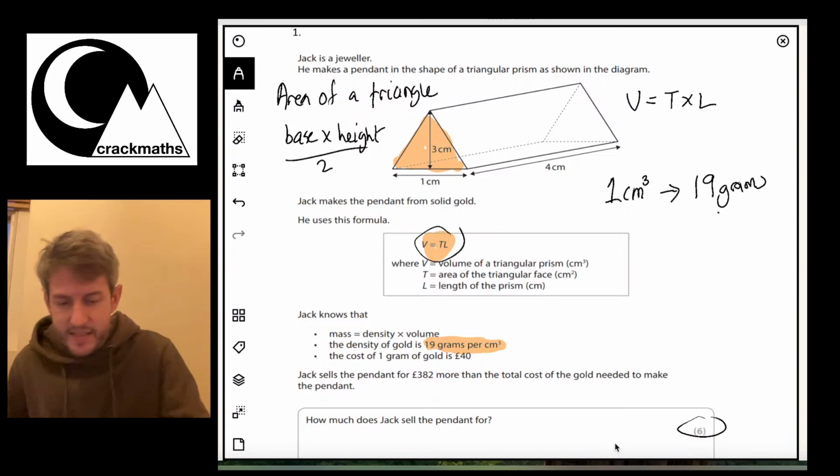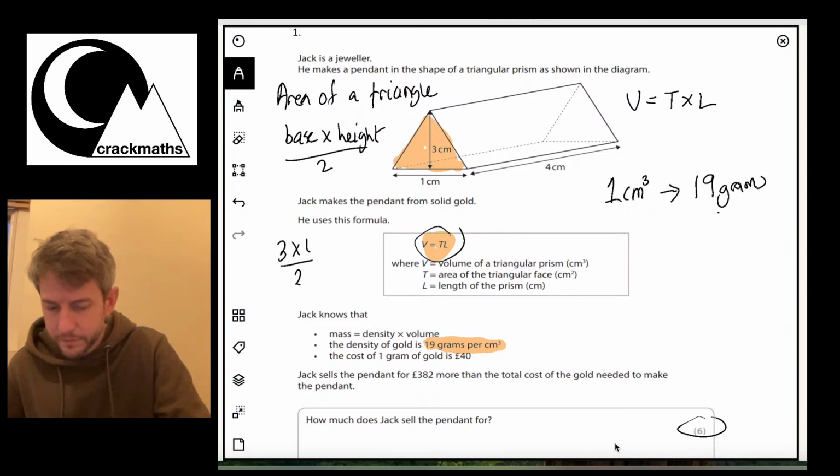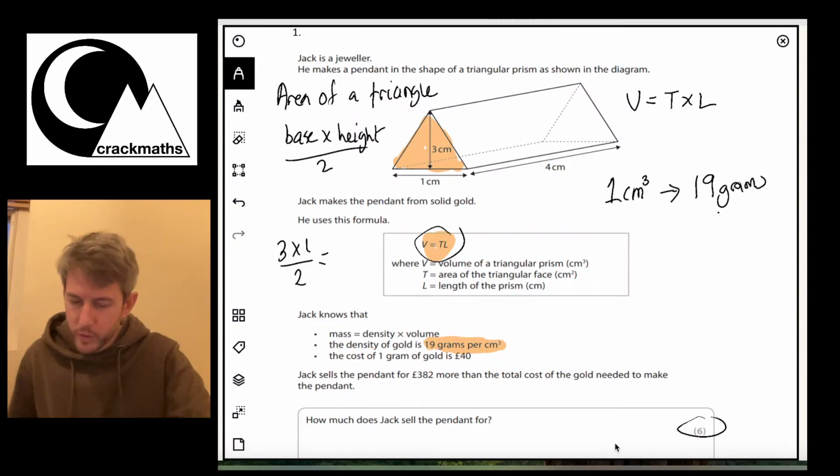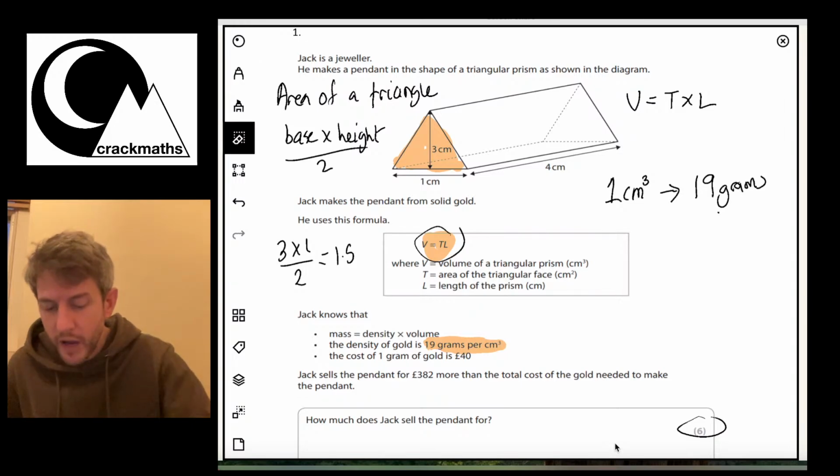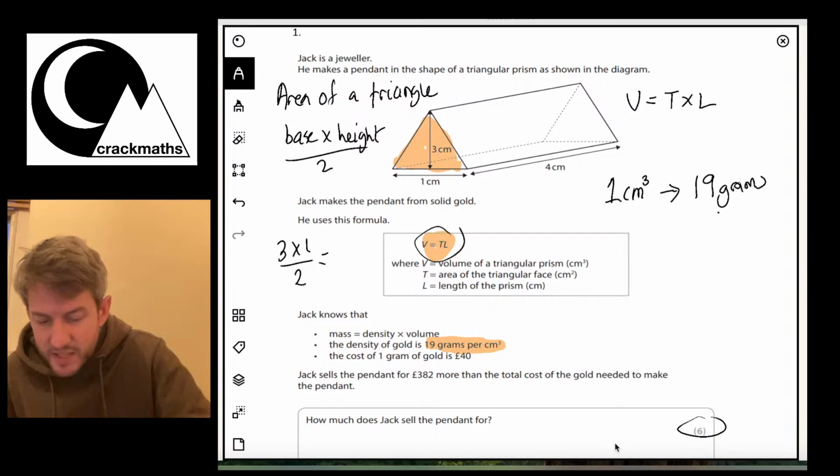So in this case, it's going to be 3 times 1 divided by 2, and that equals 1.5. Okay, or we could keep it as 3 over 2. Let me leave it as 3 over 2 for the time being. It doesn't really matter either way.